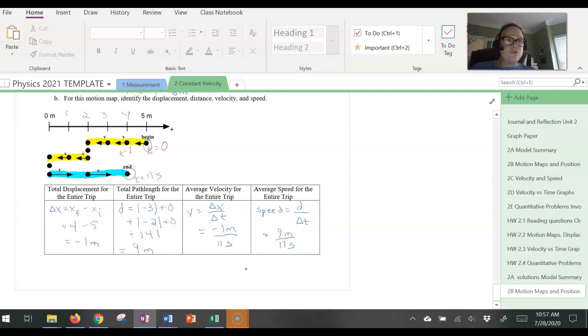Notice here that the average velocity is negative, because remember, the velocity is a vector quantity. It tells us not only how fast it was moving, but in what direction. And our object, by the end of this trip, had moved in the negative direction, right, by 1 meter. So its average velocity is negative. But the speed here is positive, because speed is always positive.